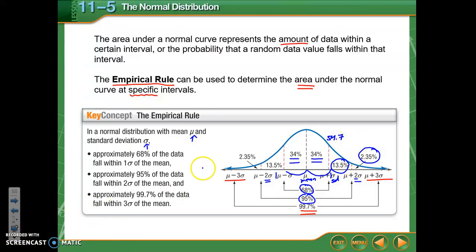So I know that there's a full 100%. So if only 99.7% is represented here, that means there's 0.3% left over. That means 0.15% has to be way out here where I can't see, and 0.15% has to be down here. So what percent is greater than 54.7? 13.5 plus 2.35 plus 0.15, which is 16%.